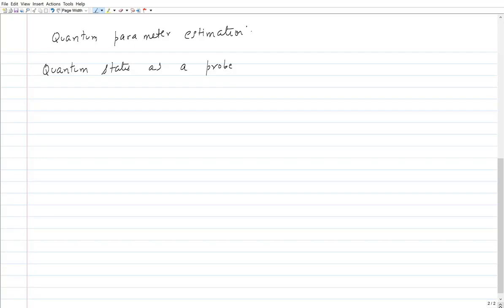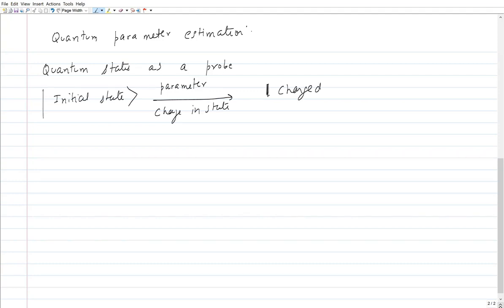So what I'll do is that I have an initial state. I'll have a parameter which is going to cause the change in state. And I'll get some sort of a state after the application of the parameter. We'll come to that. Let me call it the changed state.